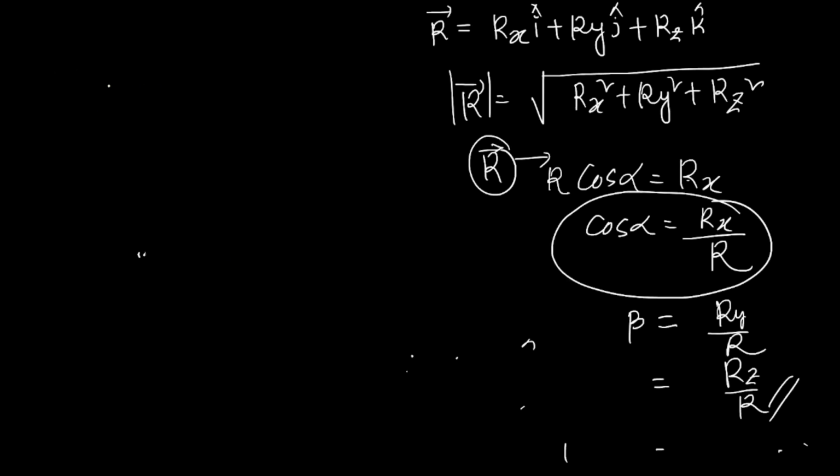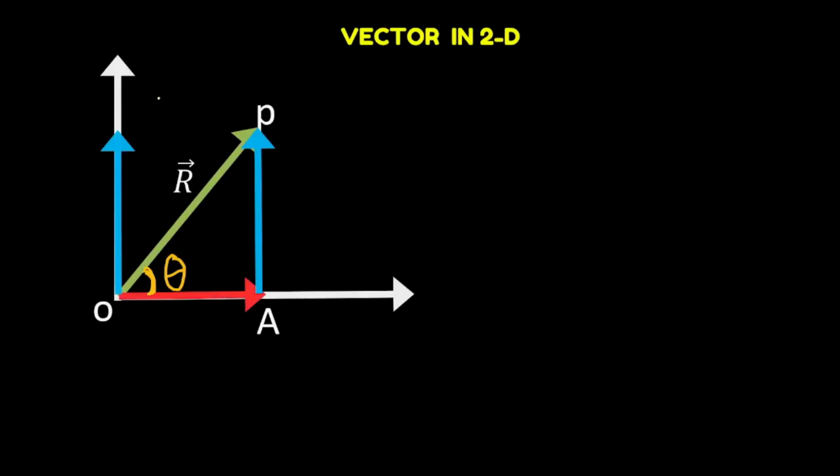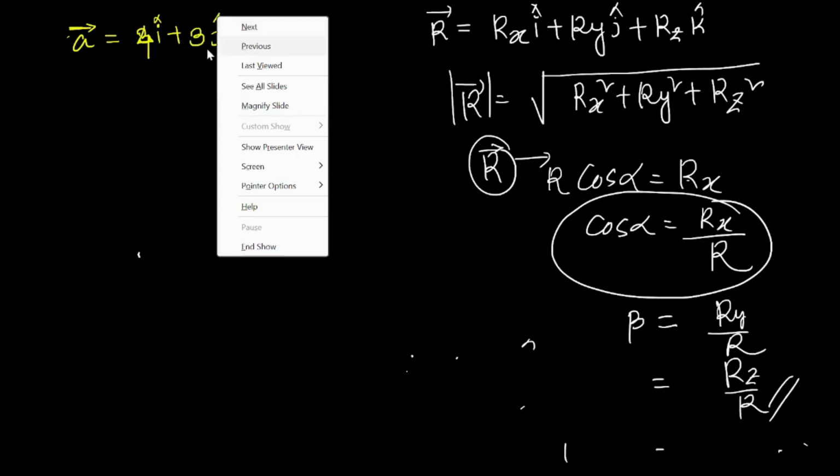Okay, so you see, let me take one example in two dimensions. A vector is, I am saying, A equal to 4 i cap plus 3 j cap.